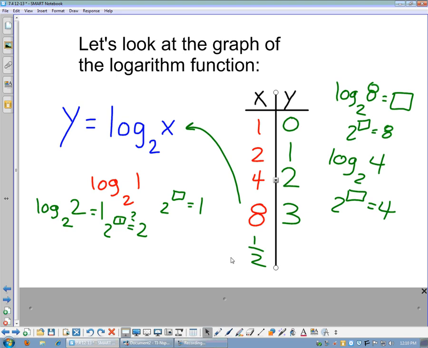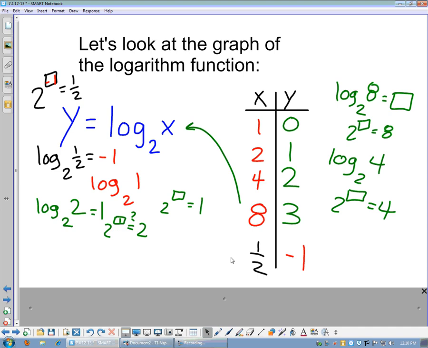If I'm going to plug in 1/2 here, that's saying log to the base 2 of 1/2 is equal to what? Well, that's 2 raised to what power gives me 1/2? Well, I hope that you're remembering your properties of exponents, because that's going to be -1. So this is going to be -1 here.